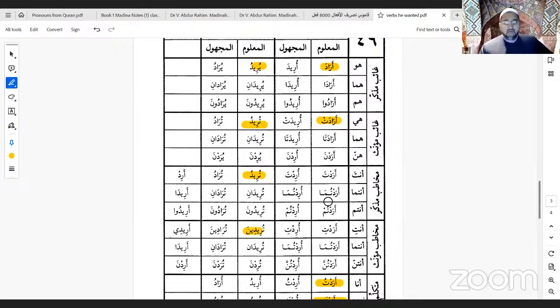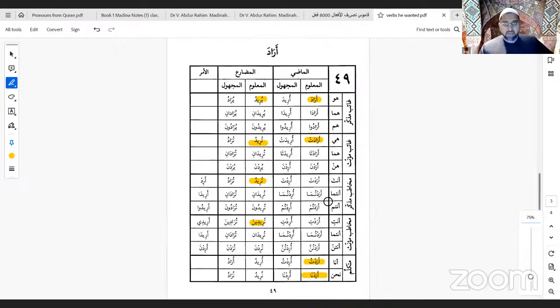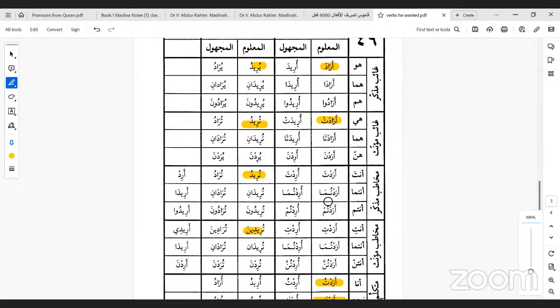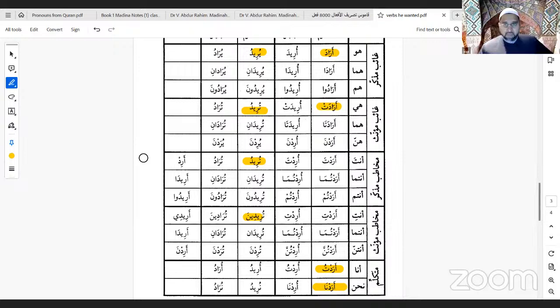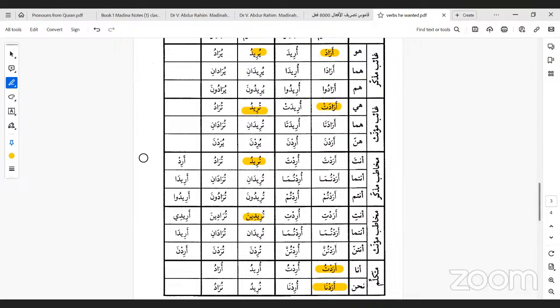Yeah, aradat. Right, I want you to conjugate the past and present tense. Bismillah. For both arada: arada, aradu, aradat, aradata, aradna. Correct. Aradta, aradtuma, aradtum, aradti, aradtuma, aradtunna.